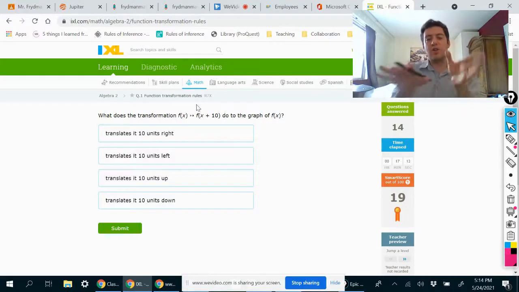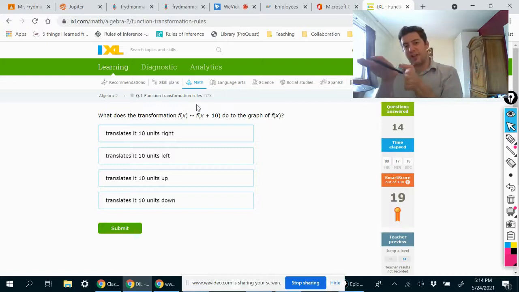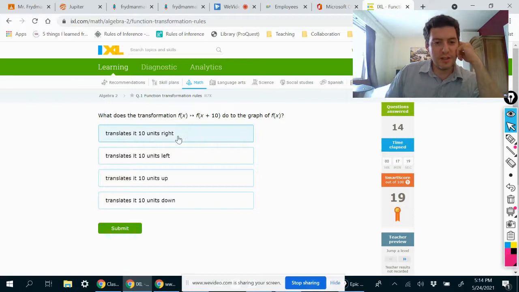So maybe he started something at 3 o'clock that the other guy only started at 3:10, and he finished whatever project that was, let's say at 5 o'clock, and the other guy finished the project at 5:10. So everything for him is done 10 minutes earlier. All right, that's going to translate everything to the left. He's getting everything done earlier. It's going to translate everything to the left by 10 units.